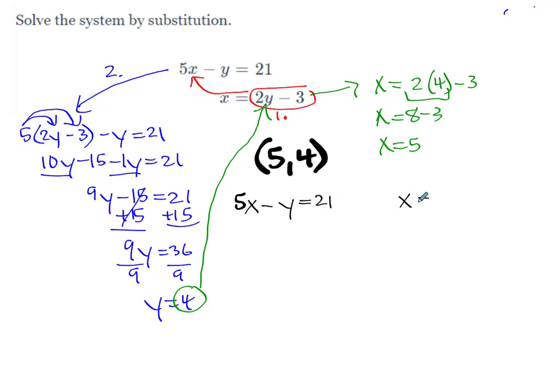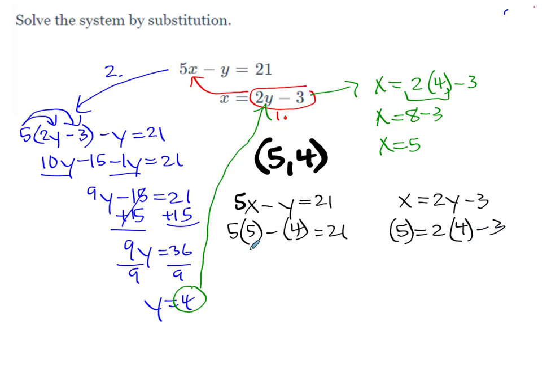And then I have x is equal to 2y minus 3. I'm going to substitute 5 for x. I've got 5 times 5 minus 4. Now notice when I put in that 4 for y, that's going to change to negative 4, equal to 21. And then I have 5 for x is equal to 2, in goes 4 for y, minus 3.